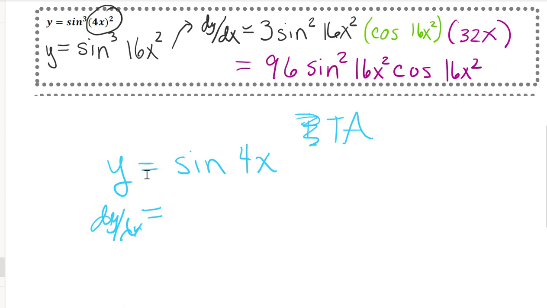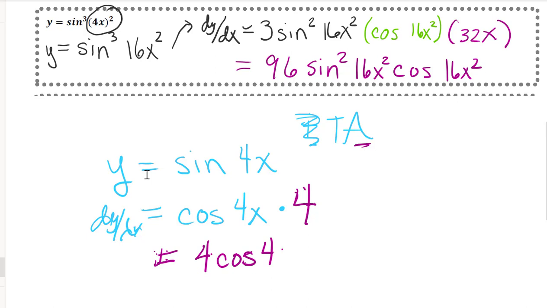The derivative of sine would give you cosine of the angle, which is 4x, times, now you do the derivative of the angle. The angle is 4x, the derivative of that is 4. And then you could rewrite that as 4 cosine of 4x.